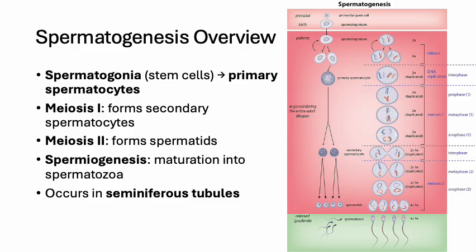Spermatids then undergo a structural transformation called spermiogenesis, where they develop their tails, acrosomes, and streamlined bodies to become functional spermatozoa. Although the entire process takes roughly 64 to 72 days, it's continuous, ensuring a constant supply of new sperm.